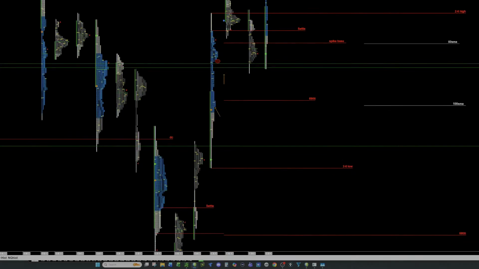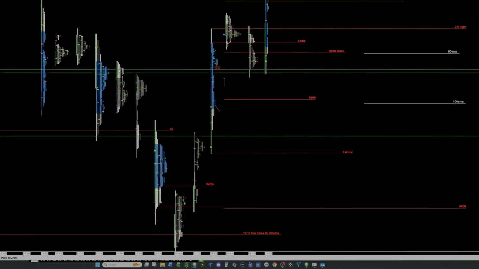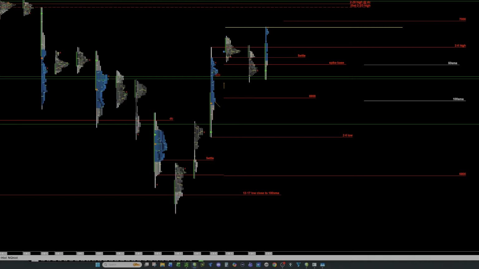Why do I say this is short covering as well? Because of this overnight. Now we have this Friday overnight. This is heavy selling here. The overnight tried to sell, and these shorts now are trapped.